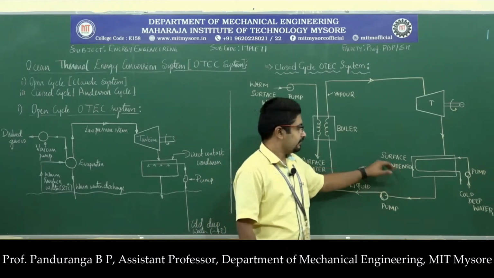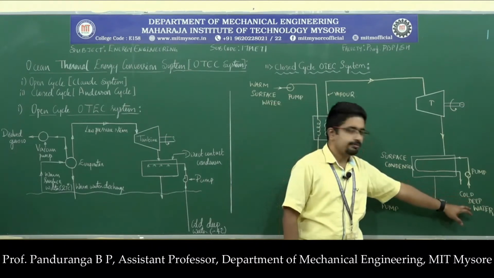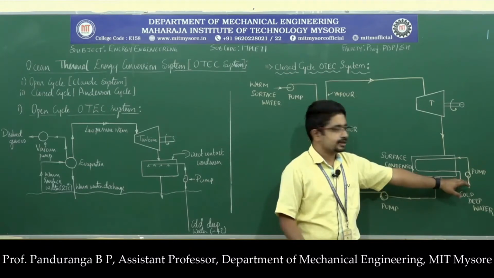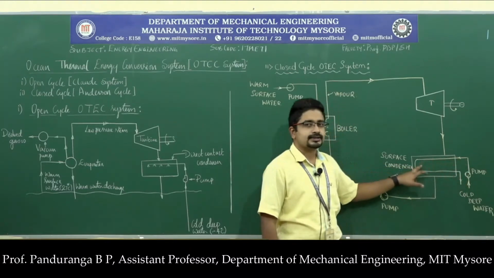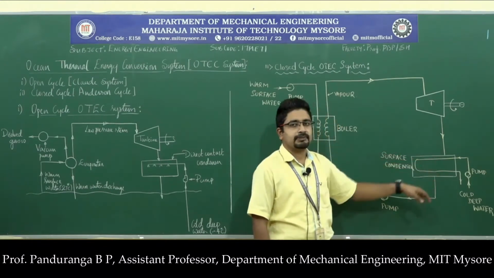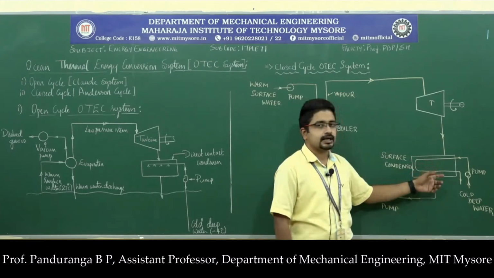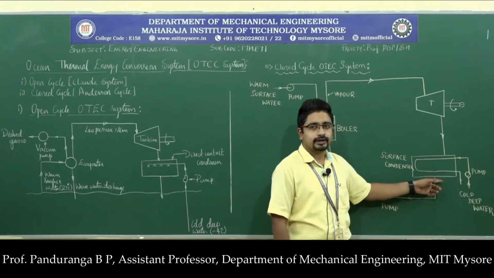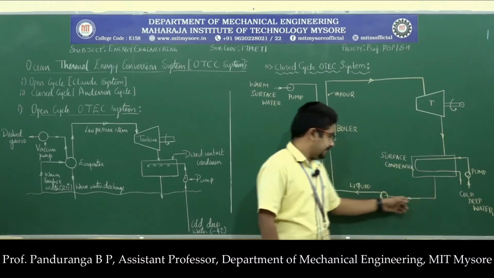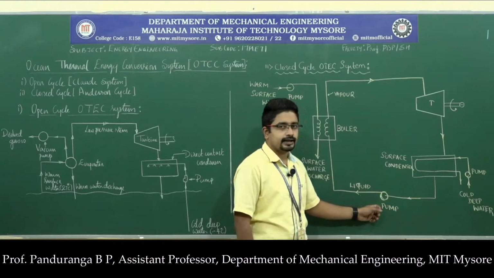But in this case, we have a surface condenser where the cooling water pumped from the depths of the ocean, which will be at around 4 degrees Celsius, passes through the pipe, and the vapor flows over the pipe and transfers its energy to the cooling water and gets condensed back into liquid working fluid, and that will be collected at the bottom, and then again it will be pumped to the boiler with the help of a liquid pump.